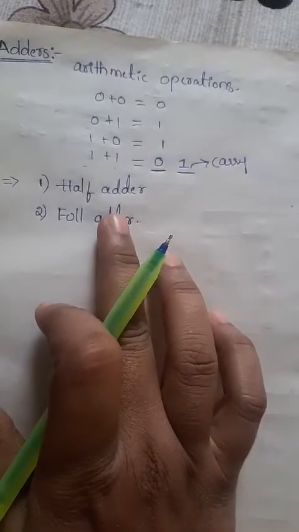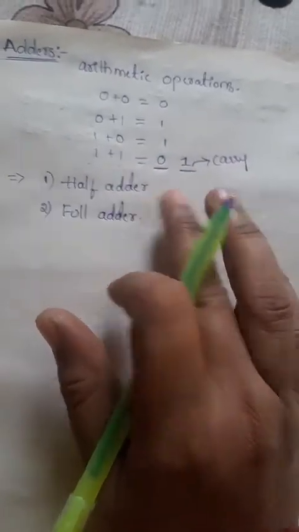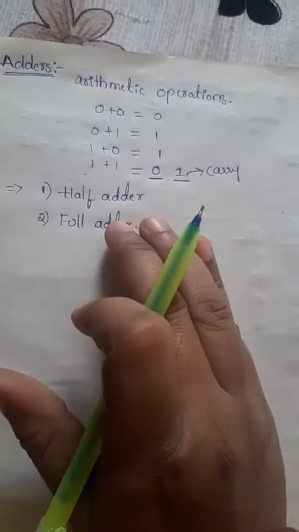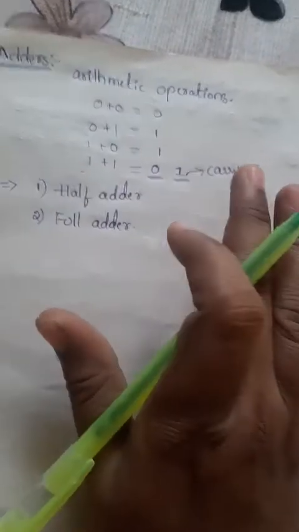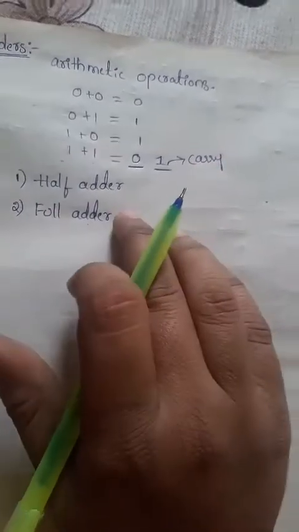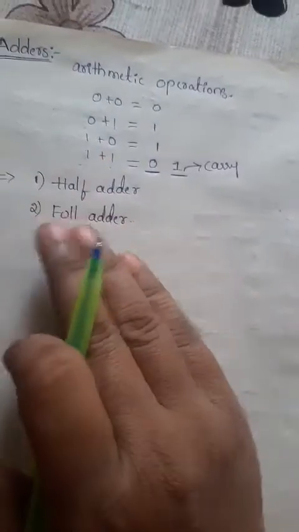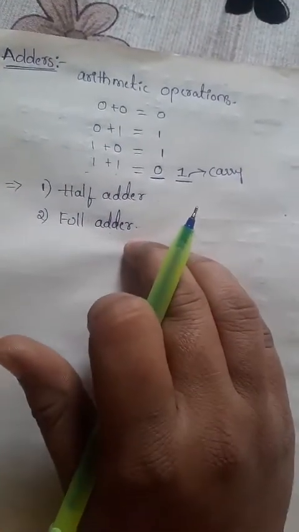A half adder is a combinational circuit that performs the addition of two binary digits. So the addition of two bits is called a half adder. And what is a full adder? A full adder is a combinational circuit that performs the addition of three bits.